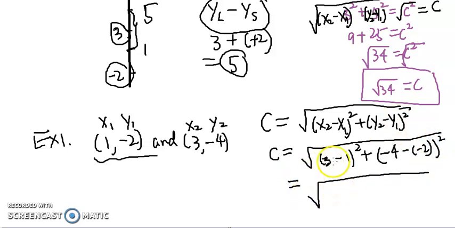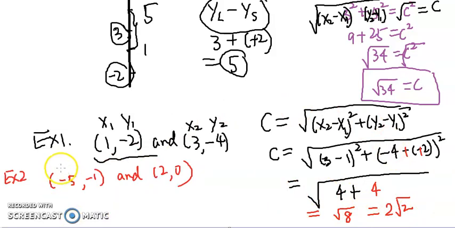So we get 2 squared, 3 minus 1 is 2, 2 squared is 4. And to do negative 4 minus negative 2, we do keep, change. That gives us negative 2 squared, which is also 4. It's just a coincidence. So we add them to get square root of 8, which can be reduced to 2 square root of 2. This is a problem we did before, how to simplify radicals.